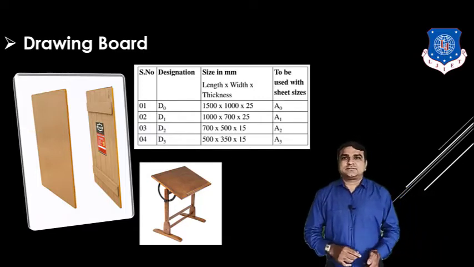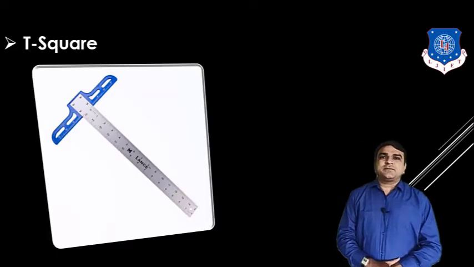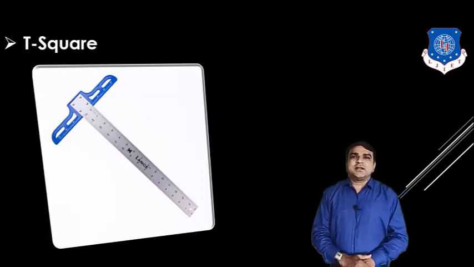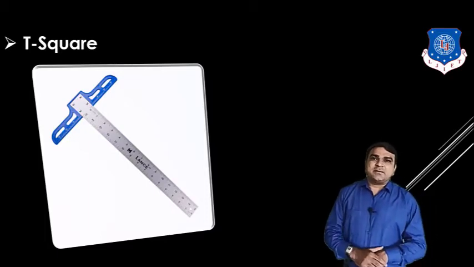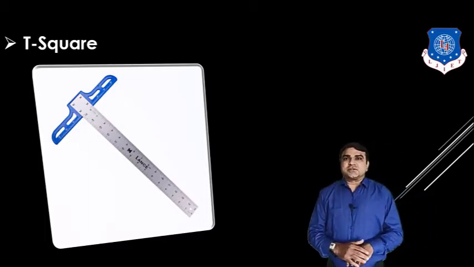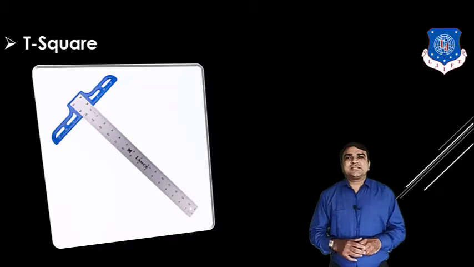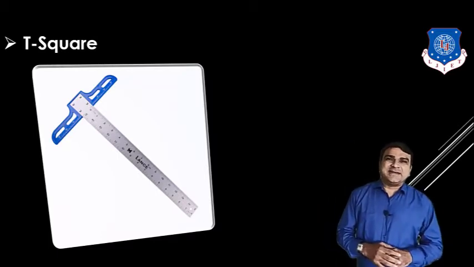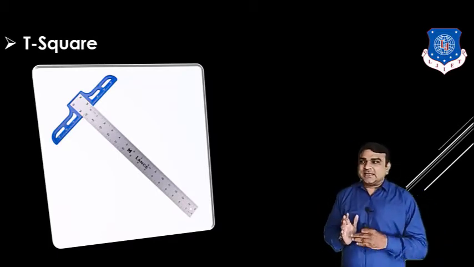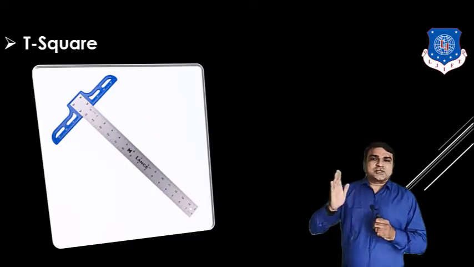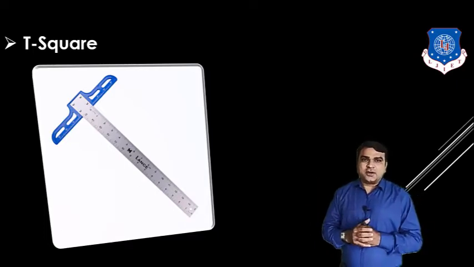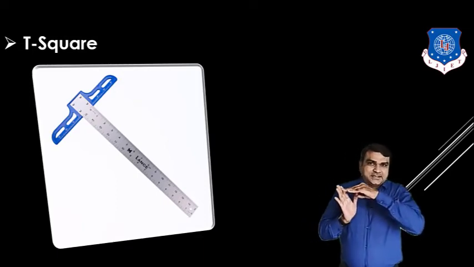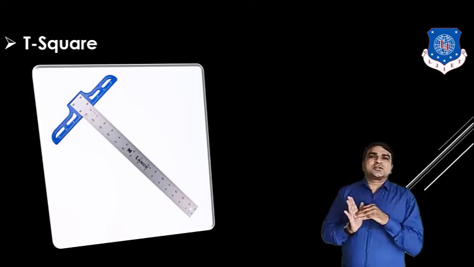Now T-square. T-square is available in wood and also in plastic material. T-square consists of two components: one is the stock and the other is the blade. The stock moves on the working edge of the drawing board, and the blade is perpendicular to the stock.